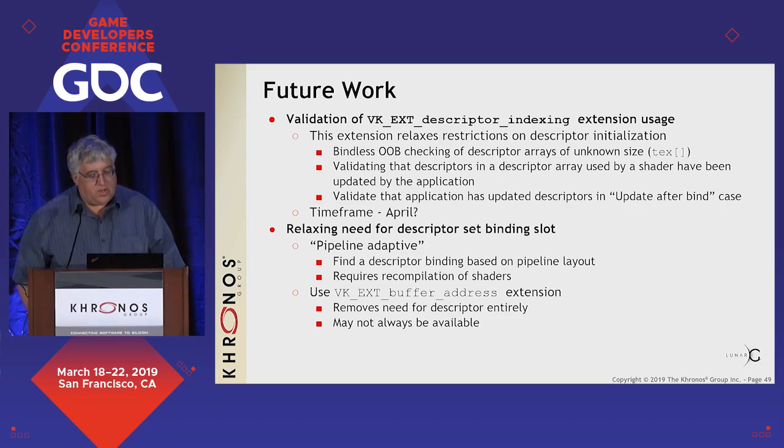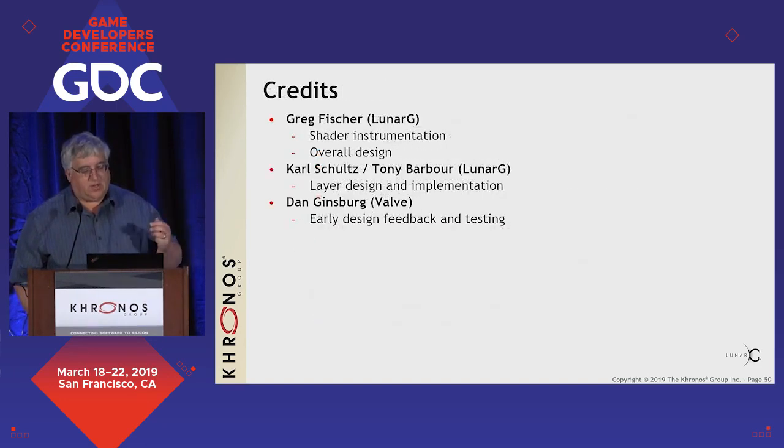And then we'd also like to get rid of the need to reserve or use that descriptor set binding slot. One option is to essentially recompile the shaders so that they match the pipeline, so that they can adapt, if you will, to the pipeline layout. So if we need to find a binding slot someplace in the pipeline layout, we can examine the pipeline layout and find a free binding slot in an existing descriptor set and use that.